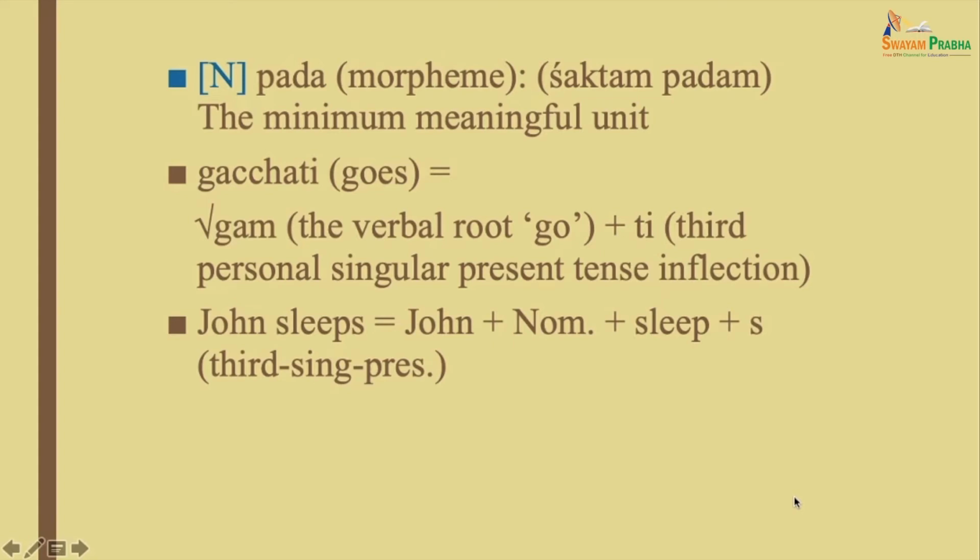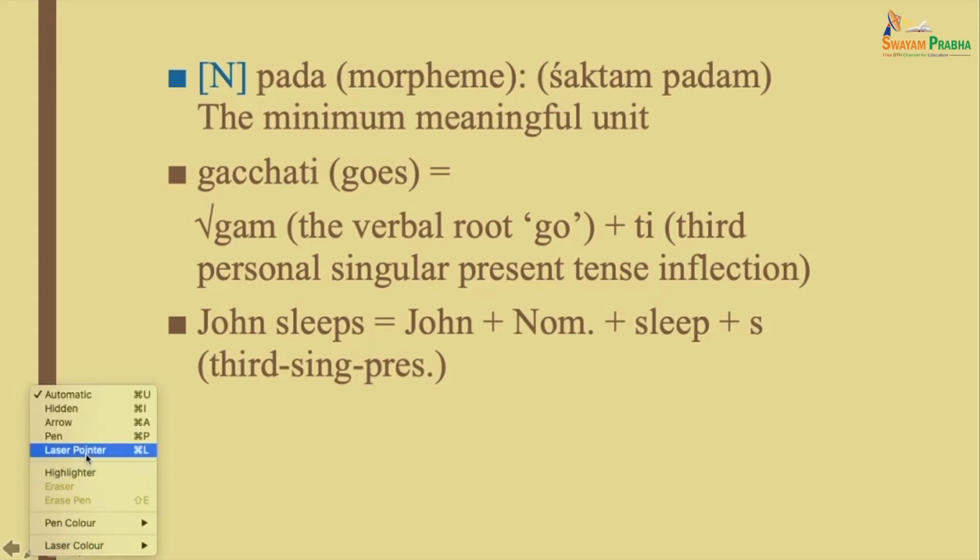So we assume that in the case of he goes, there is this unmarked nominative. The same works here: John plus the nominative ending, and then sleep, the main kriya, the verb, and then s, which is the third singular present tense inflection. So there are 4 morphemes in this very sentence.